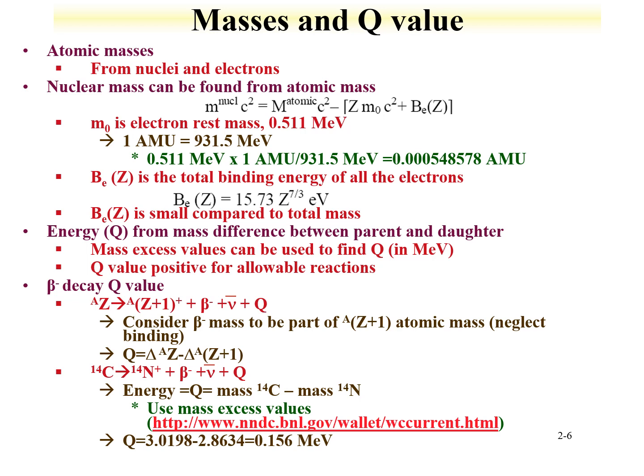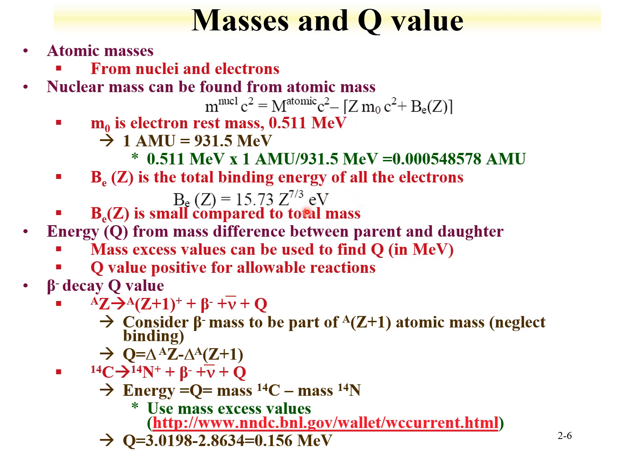So the fraction of the mass that the electron has compared to one nucleon is pretty small. In that regard, eliminating the electron mass from this equation makes sense. The total binding energy of all electrons can be given as this equation, where the binding energy is equal to 15 Z to the 7/3 eV, where Z is the number of protons.